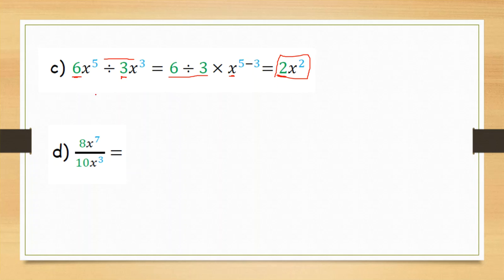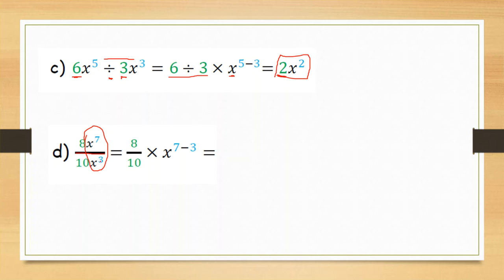Example D is similar to this one, but instead of using a division sign, we have a fraction, so the vinculum here. And we simplify the fraction. So 8 over 10 gets simplified. So divide both by 2. So 8 over 10. We can do the x's separately. So this works the same way as here, the 5 take away 3.